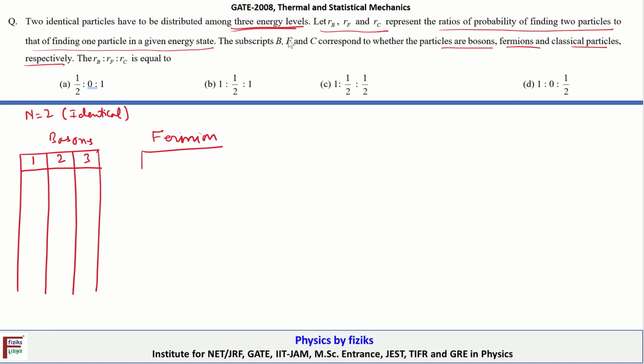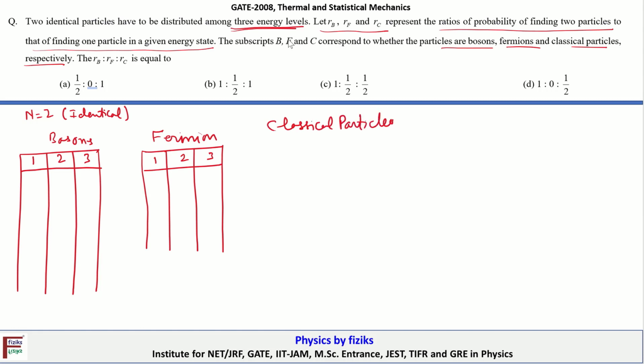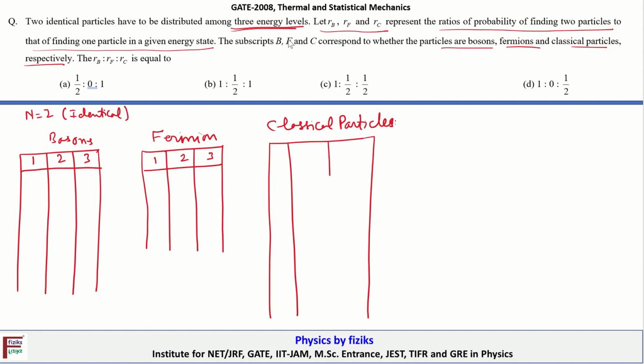Again we are having 3 energy levels labeled as 1, 2 and 3. Okay, and similarly for the classical particles, so we'll have 3 energy states 1, 2 and 3.